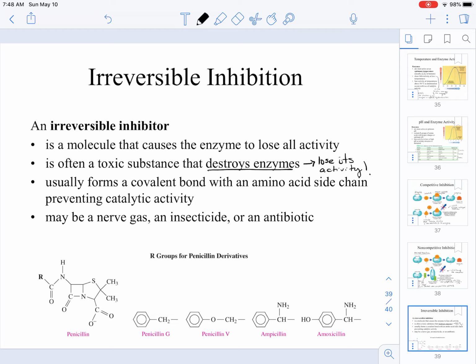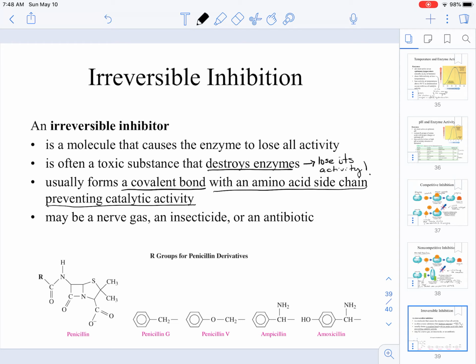Now, the reason why they're called irreversible inhibitors is because of the formation of a covalent bond with an amino acid side chain, and that's what is going to be preventing a catalytic activity. The formation of the covalent bond itself can be at an allosteric site or it could be in the active site.